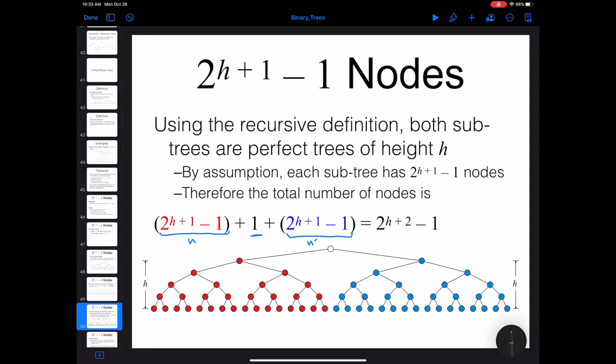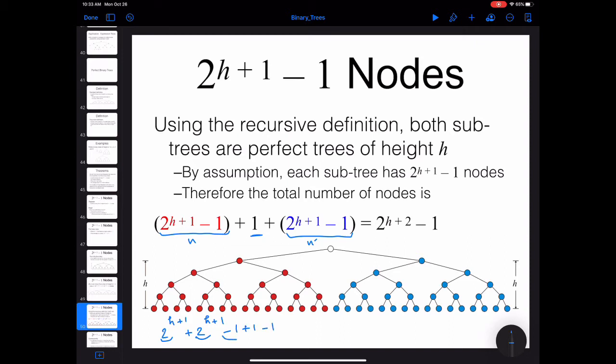If you add these numbers, you can exactly see that the result is going to be 2 power h plus 2 minus 1. So if I'm going to just write down here, if you expand this parentheses, this is going to be 2 power h plus 1 plus another 2 power h plus 1, right? These two terms are equal. So minus 1 plus 1 minus 1.